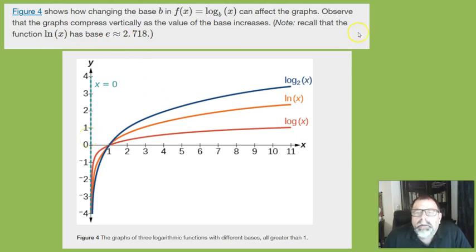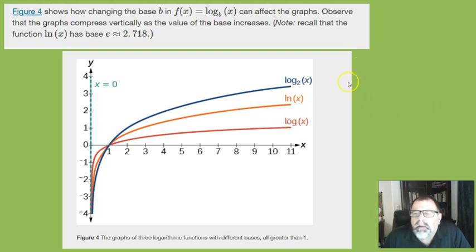Notice how as the base gets larger, so this is base 2, and this is base e, about 2.718, the curve's getting compressed, getting flatter as you go out, so it's increasing more slowly.